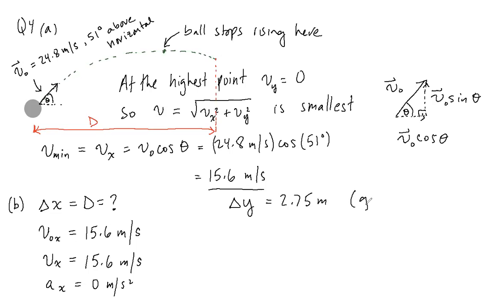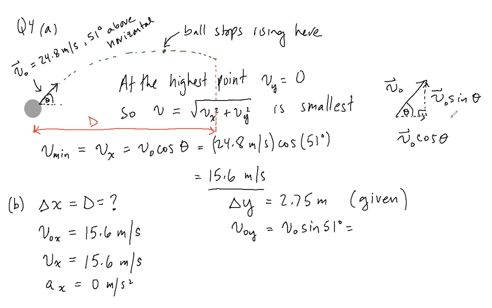This was given. And then the initial speed along y is simply the initial speed times the sine of 51 degrees.